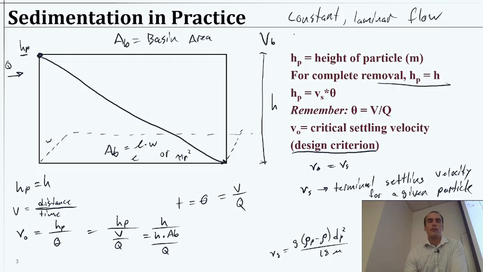So we can write the volume of the basin is equal to the area of the basin times height of the basin, right? So given all that, we can collect these together and simplify to say that our V naught is going to be equal to Q over AB.